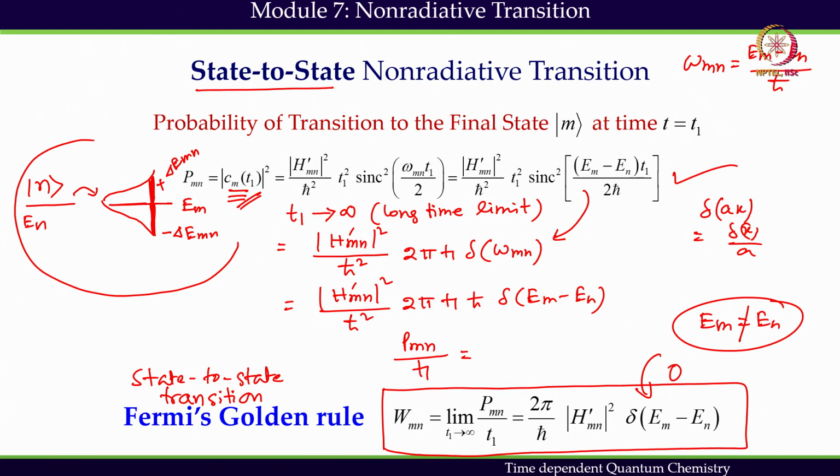So, the presence of a delta function in this equation mandates that in the limit t tends to infinity, which is the long time limit, the only transition allowed is the one for which the initial and final state energies are equal, otherwise the transition will not be allowed, because the delta function will be 0 for every other state.